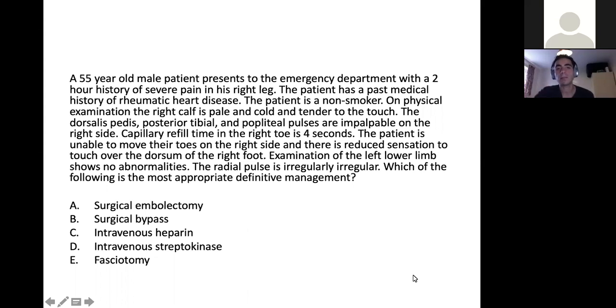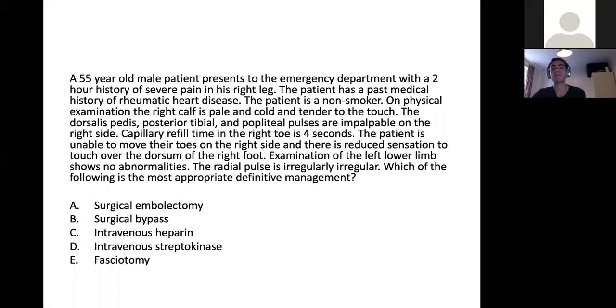So we're seeing a patient with some cardiovascular history, presenting acutely with pain in the leg, and they're a non-smoker. The examination findings make us quite worried about the leg. It's pale, cold, and tender, and we cannot feel the pulses.